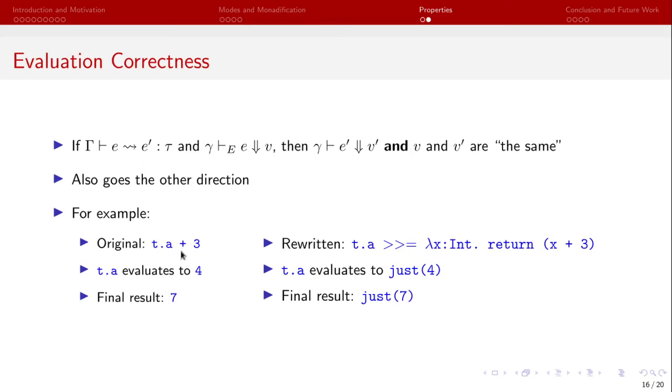So as an example, we have t dot a plus 3, and this rewrites to bind t dot a into a function which carries out the addition. If t dot a evaluated to 4 originally, and to just 4 after the rewriting, our results are going to be 7 and just 7. And these are the same other than the monadic just constructor being added to the rewritten version.